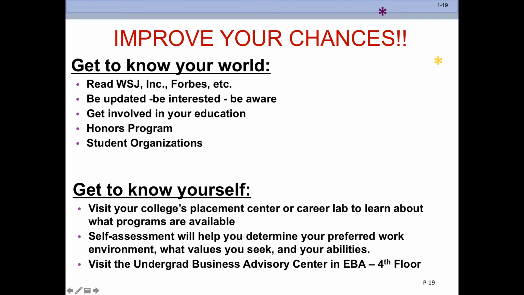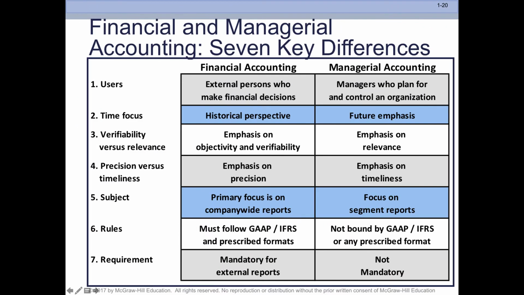So you can put in some of the things that you would prefer to do based on your personality, and it will come up with some really great suggestions. There's also the Undergrad Business Advisory Center on the 4th floor. So those guys are super great, and they're super anxious to help you to make sure you get through in 4 years.